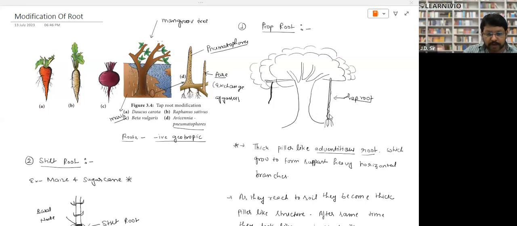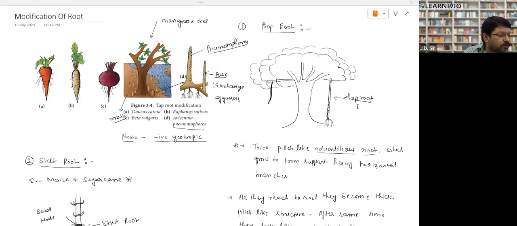From this point to this point, where I am moving my cursor, their anatomy will match with the stem, because in future they will start behaving as a stem, and from here onwards they behave like adventitious roots. Please note it down.